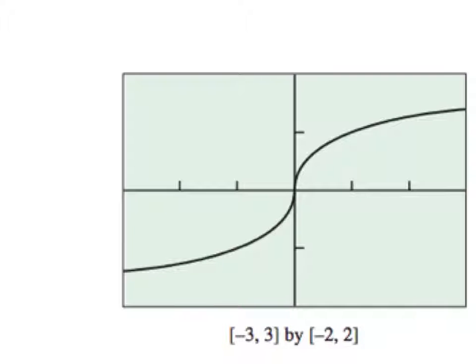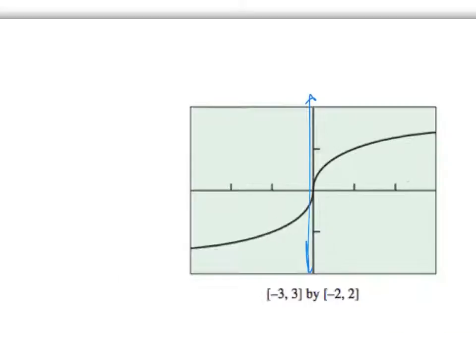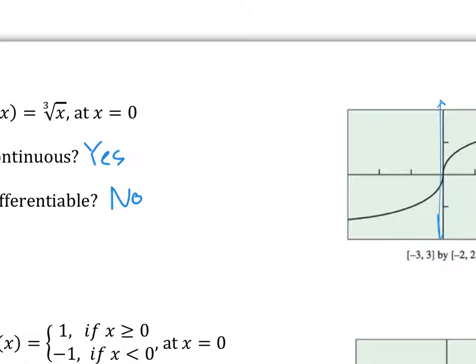You can't draw a line with a defined slope. Undefined means no slope, so we cannot draw a straight line through. Anything that has a vertical tangent line basically has no derivative. So no, because f prime of 0 is undefined.